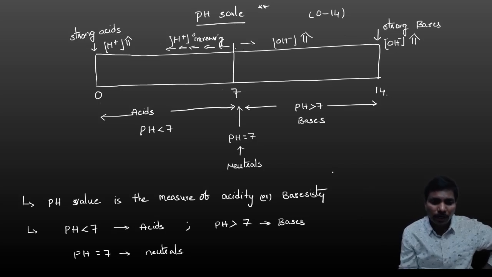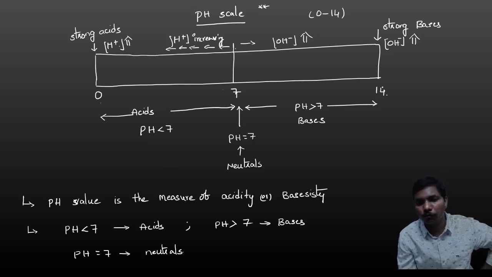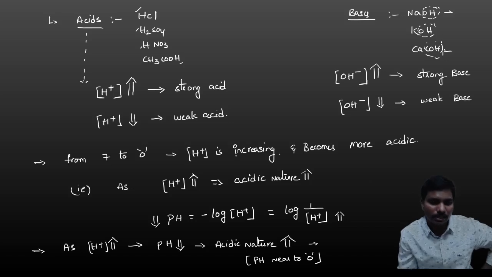So here, as H plus ion concentration increases, pH decreases from 7 to 0, so it becomes more acidic. As OH minus ion concentration increases, pH increases from 7 to 14, that is, basicity increases. I have given the same points here.